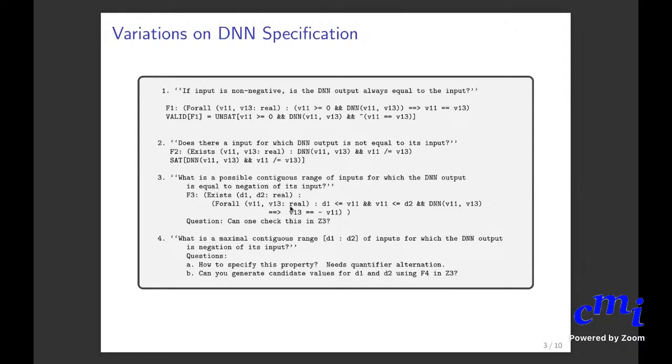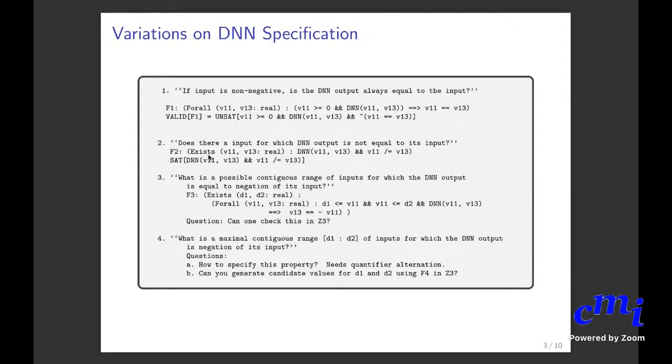Now, I have another question. Can this query be checked with repeated calls? In the case of properties 1 and 2, I expressed it with only one quantifier, at the outermost level. If there is only one quantifier at the outermost level and it is a for-all quantifier, then your check is validity, and it can be expressed as a simple unsat check, as we did in the case of property 1.